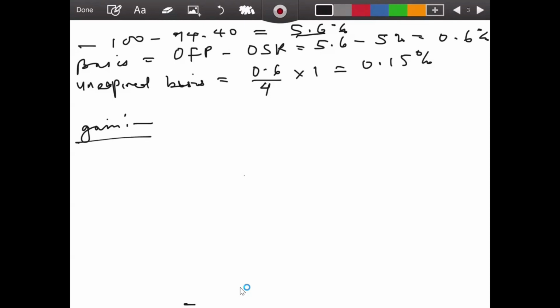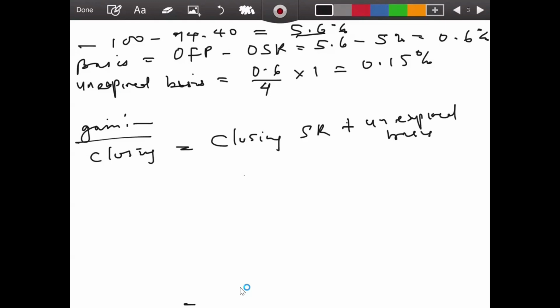Closing futures price is equal to closing spot rates plus unexpired basis. In the question, we're told that the closing spot rate will be 5.3.